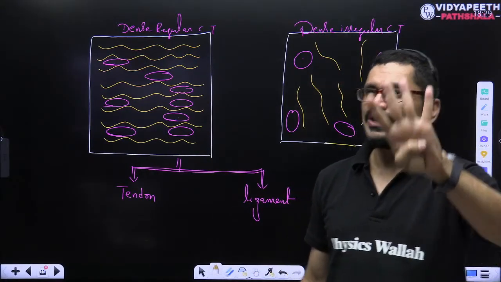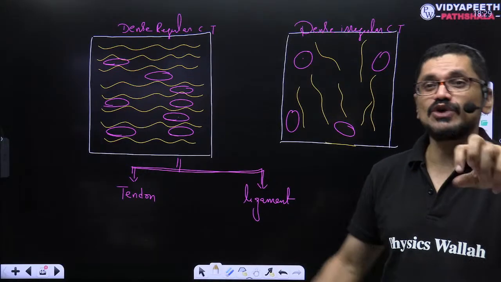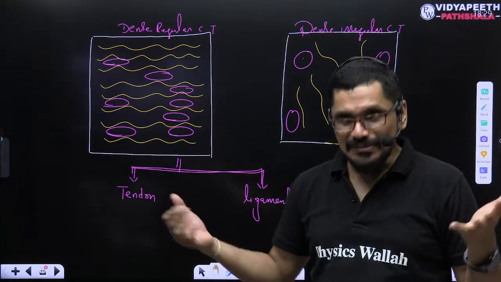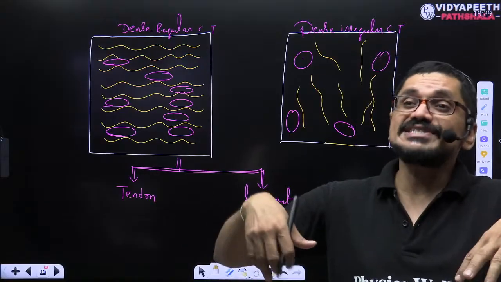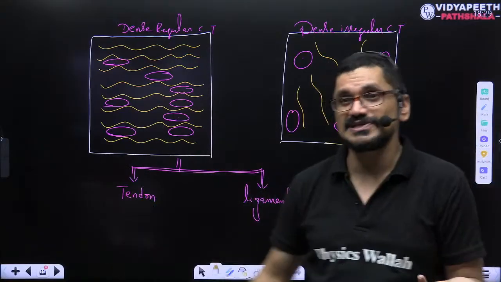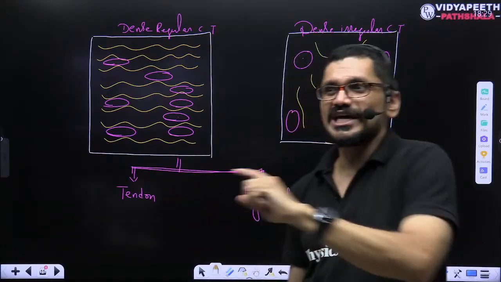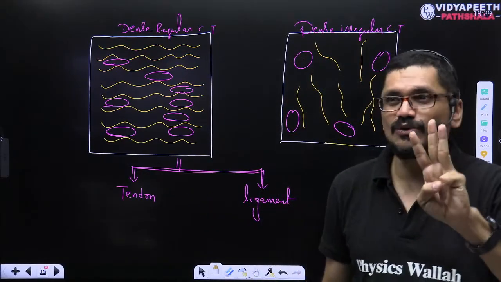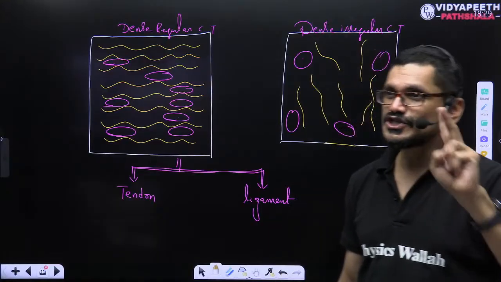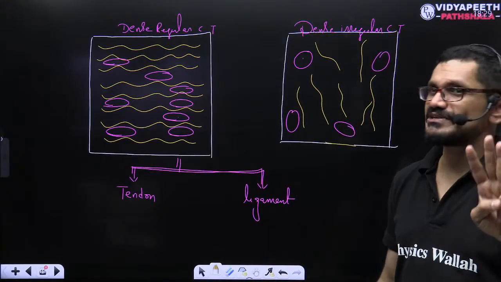Similarly, even though we have more than 640 muscles, only 3 types of muscles are present. Muscle number is more than 640, but types are only 3: skeletal, smooth, cardiac.